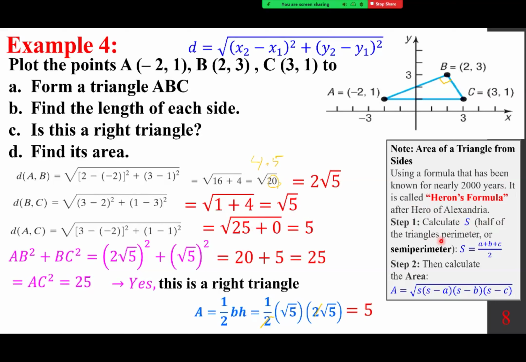Half of the triangle's perimeter, or it's called semi-perimeter. Add A, B, C. Add all sides, divide by 2. Then calculate the area as follows. Area is equal to the square root of S times S minus A times S minus B times S minus C. You can use that theorem, but it was easier to use half of base times height because it was a right triangle. Okay, everybody?